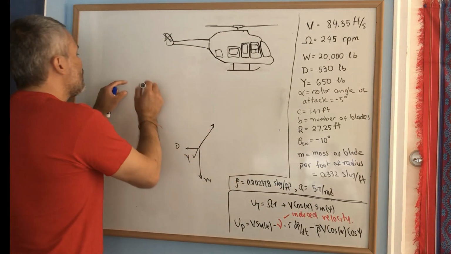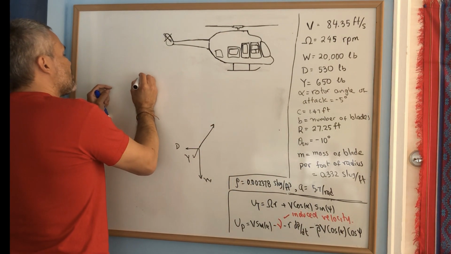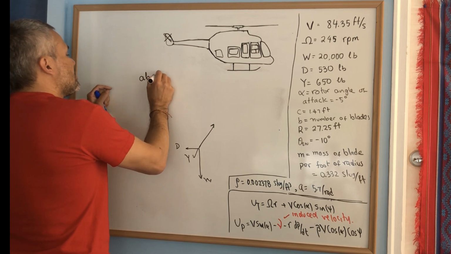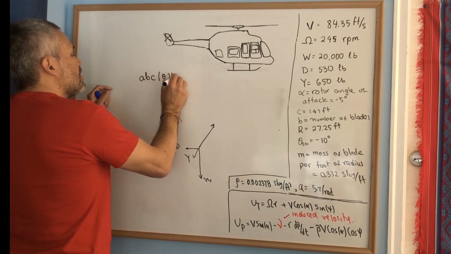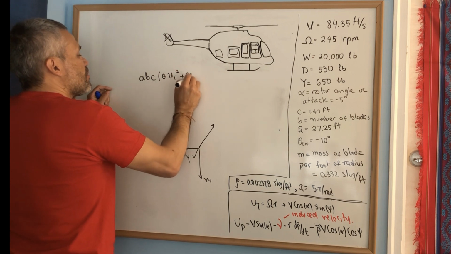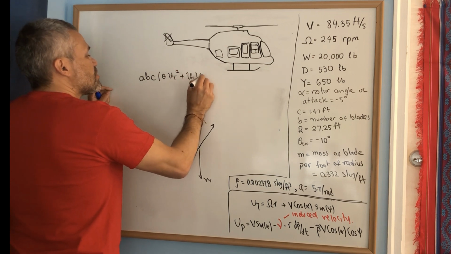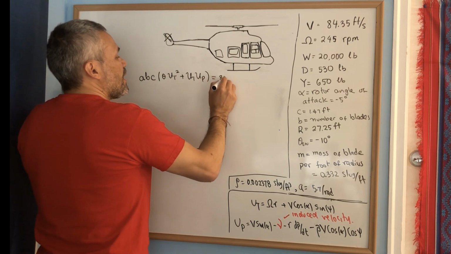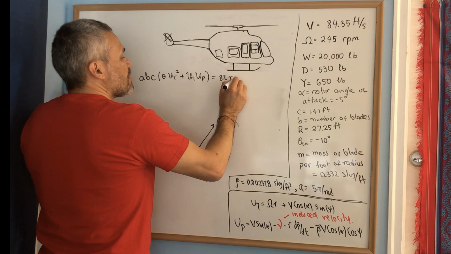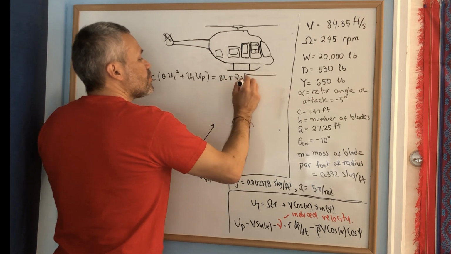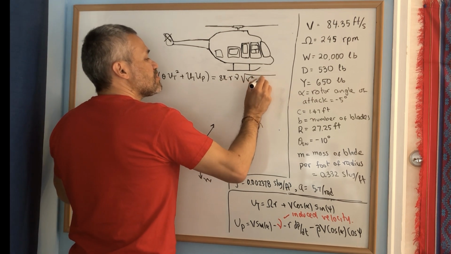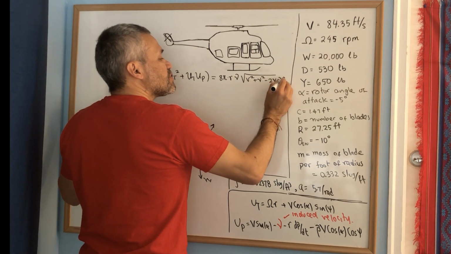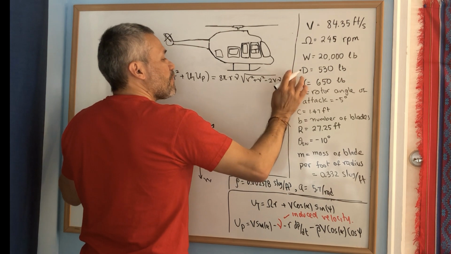In order to find the mu, we need to solve this equation. The equation is a b c times theta u t squared plus u t times u p equal to 8 pi times r times mu times the square root of b squared plus mu squared minus 2b times mu times sine of alpha.